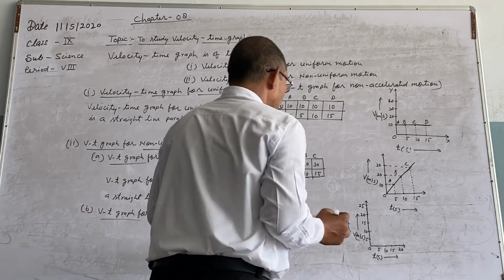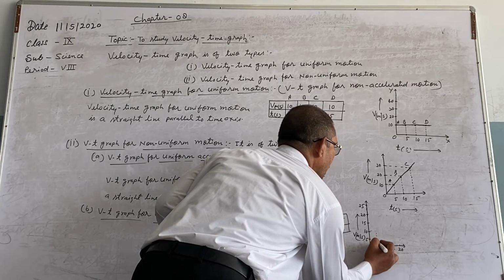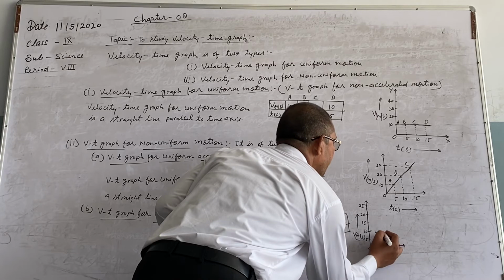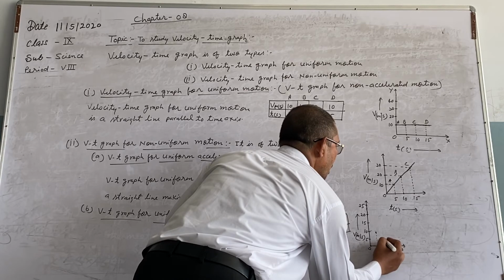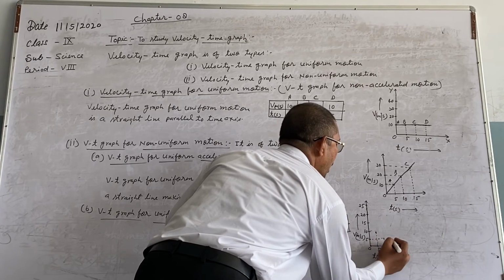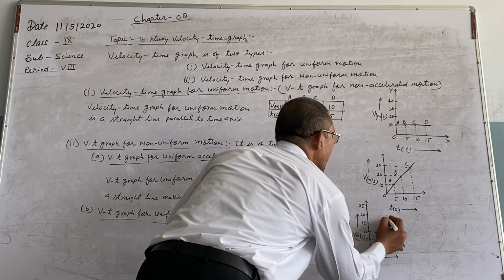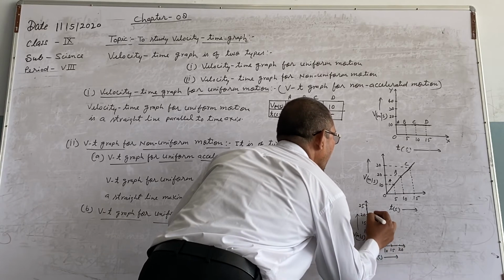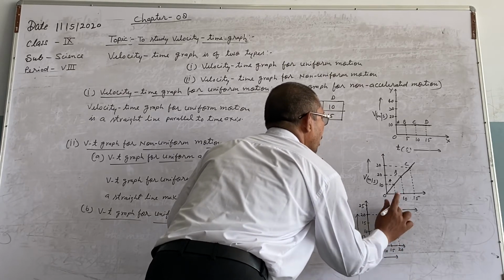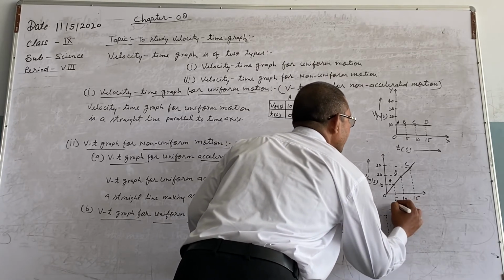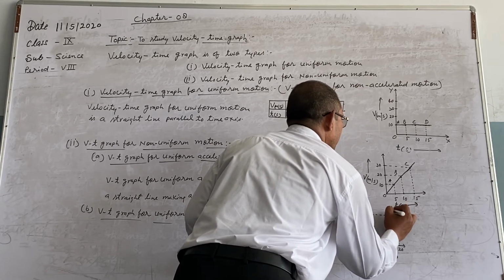So write them. 0, after 5 seconds velocity is 10. After 10 seconds velocity is 5. And after 15 seconds velocity is 20. And after 20 seconds velocity is 25.